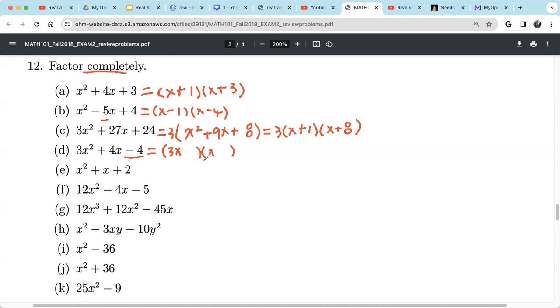So we want to somehow play with the factors of -4. Let's think about -4. So -4 can be -1 times +4, or +1 times -4, or +2 times -2, right?